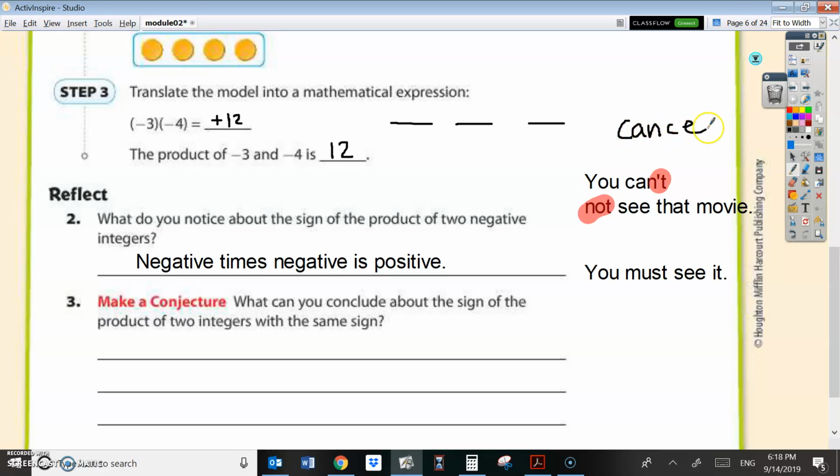Alright? So, what can you conclude about the sign of the product of two integers with the same sign? Well, positive times a positive is a positive. Negative times a negative is a positive.